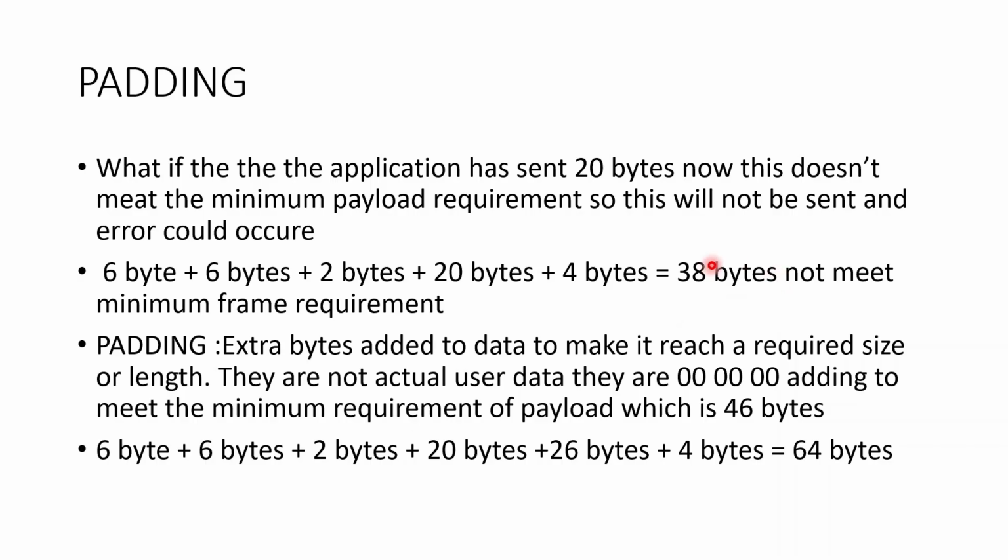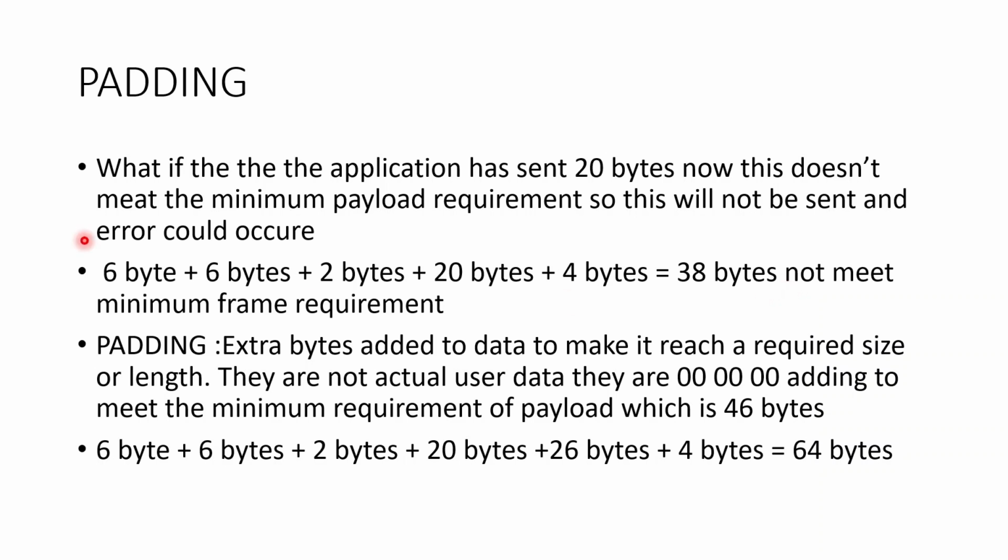Why? Because it has not met the minimum frame requirement. If it were transmitted, it would cause a collision domain problem. So the switch will not transmit this frame from the source to the destination, because it has not met the minimum frame requirement.